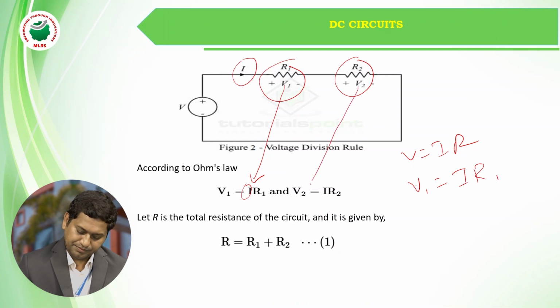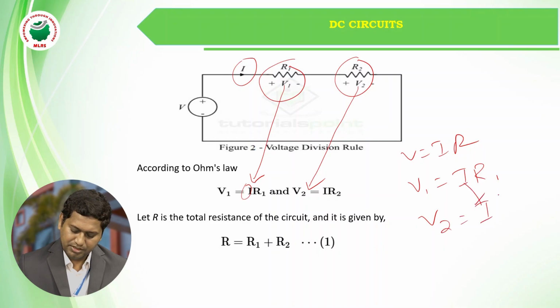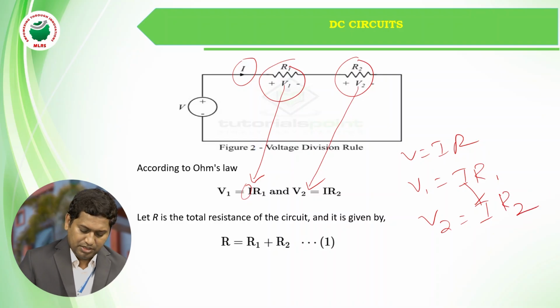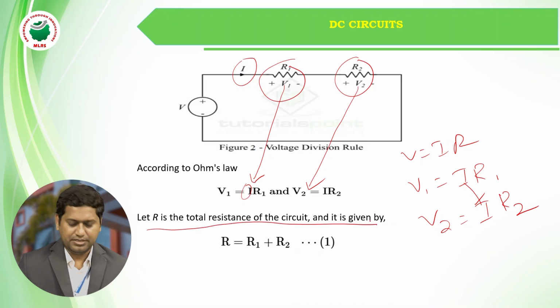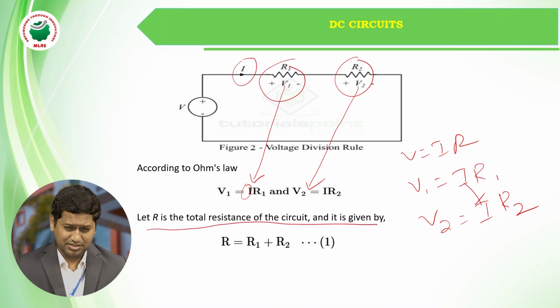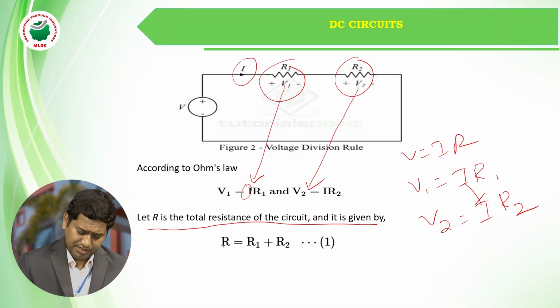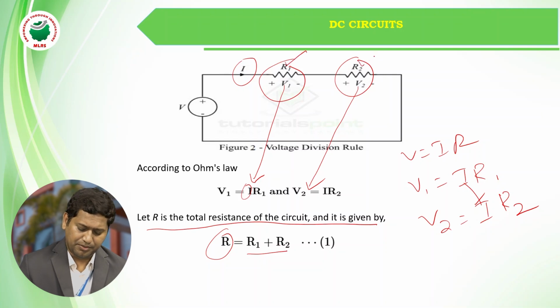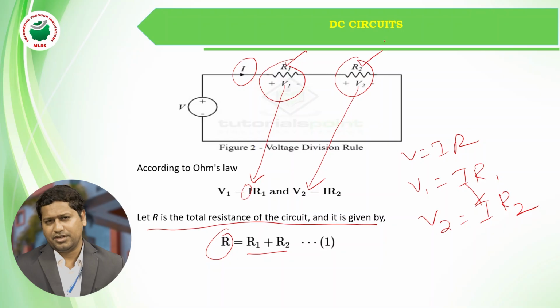And V2 is I into R2, since the current is the same and only the resistance value differs. The two resistances are connected in series, so the equivalent total resistance is R equal to R1 plus R2. This we take as equation number 1.